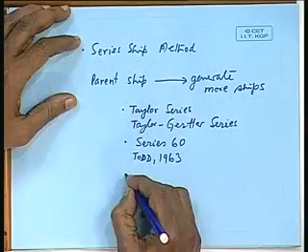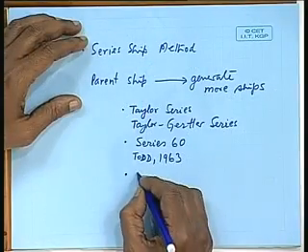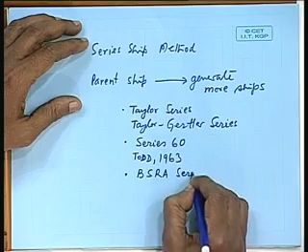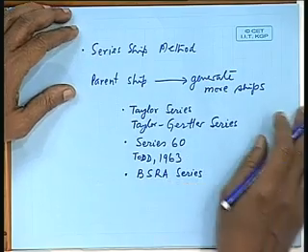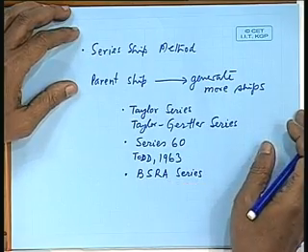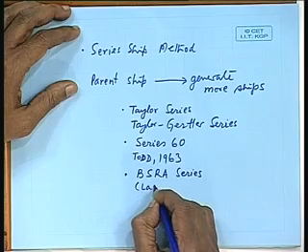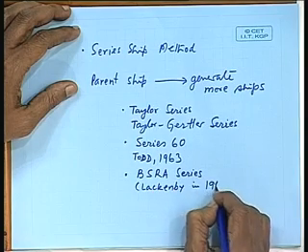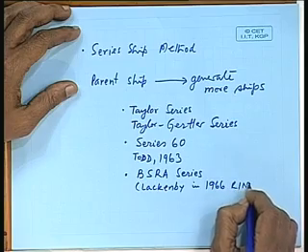Then we have two more series I will just mention to you, the BSRA series, BSRA standing for British Ship Research Association. This series was developed in the 60s and published by Lackenby in 1966 in RINA, Royal Institution of Naval Architects.